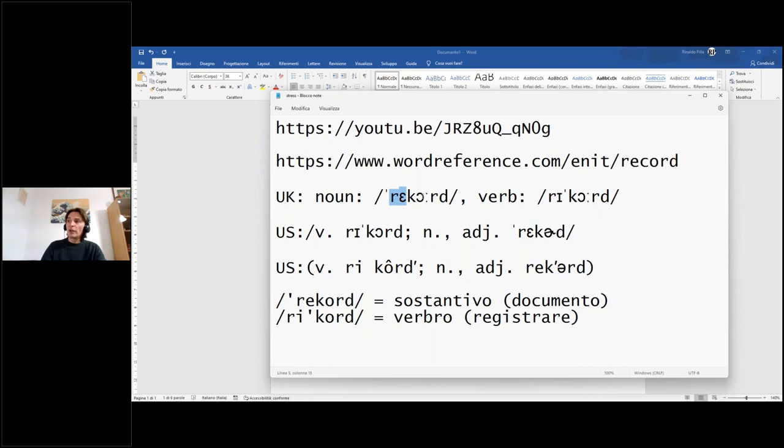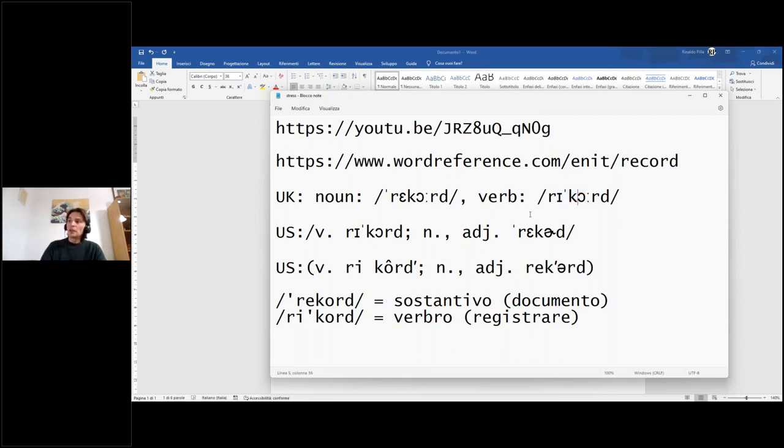So record. If the stress goes right before the second vowel, it means the stress goes onto the second syllable. So it's record, the stress goes on co, record.